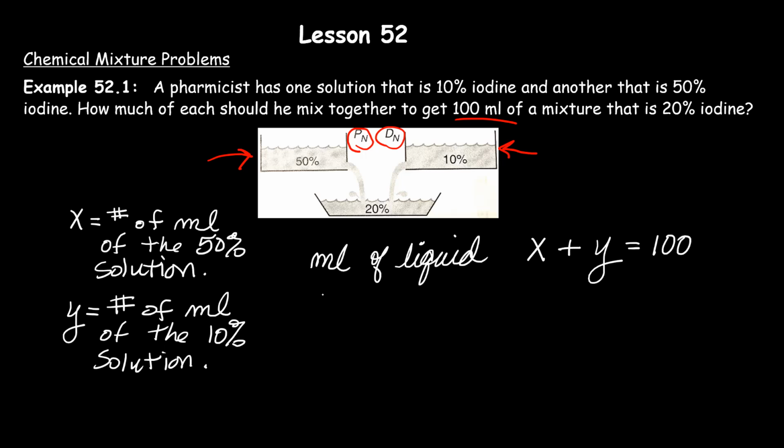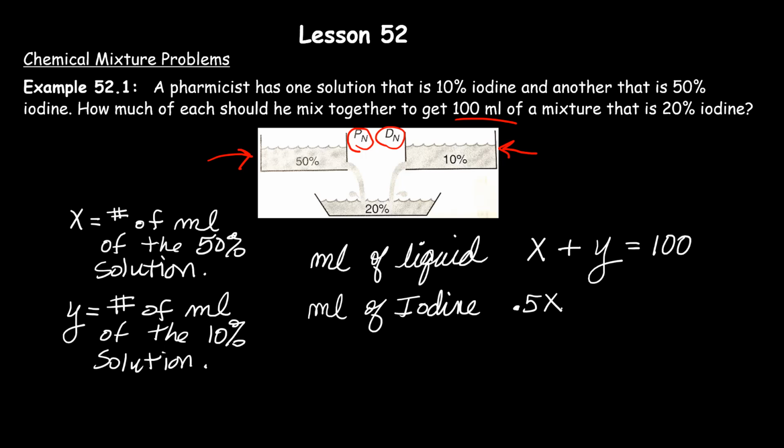The second equation is going to be about milliliters of iodine. X is the number of milliliters of the 50% solution. And since 50% of those milliliters are iodine, I'm going to say 0.5, which is 50%, of x for my first term.